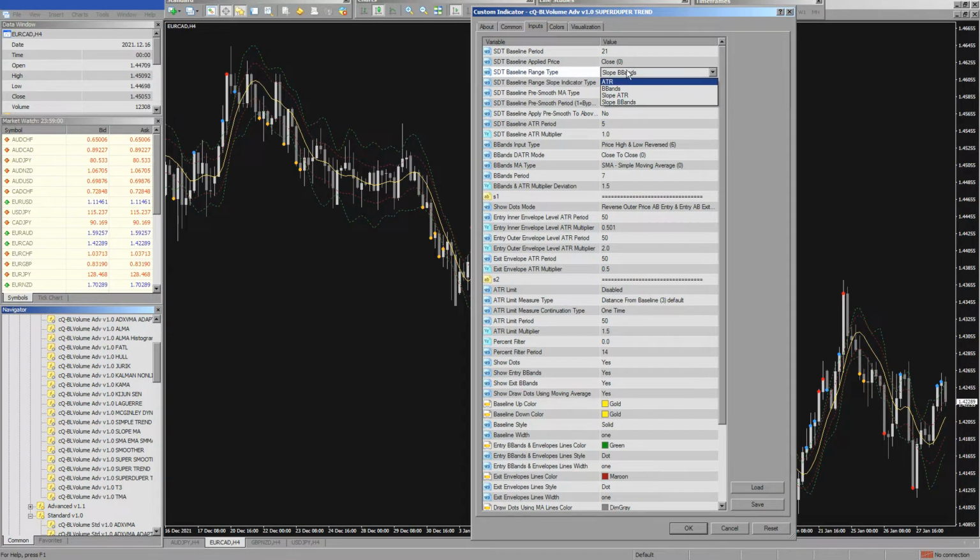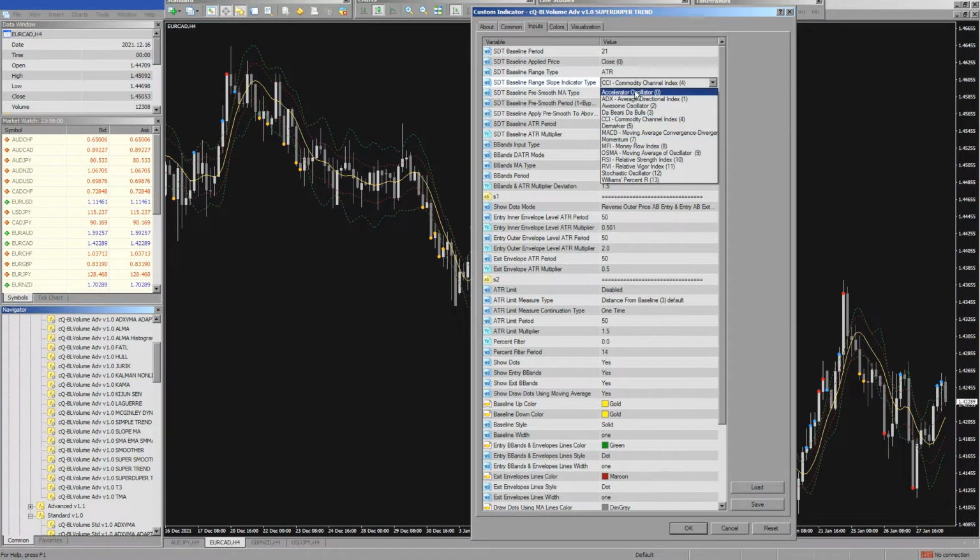It has these range type modes where the basic super trend uses the ATR and the CCI. ATR is basically the range, how high or how close it follows price. The higher the ATR, the further away from price, the longer the lines are, straighter the lines are, that kind of thing. And then the CCI determines the direction.